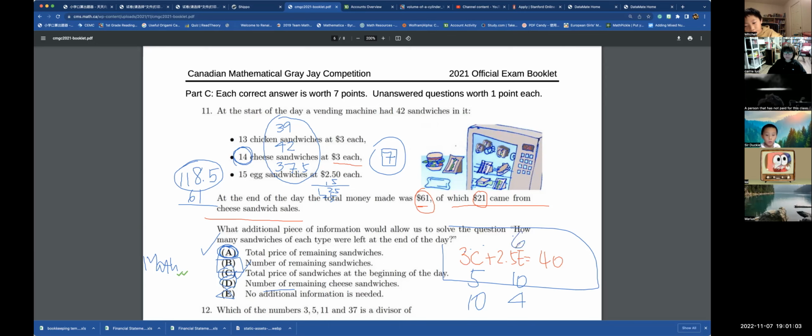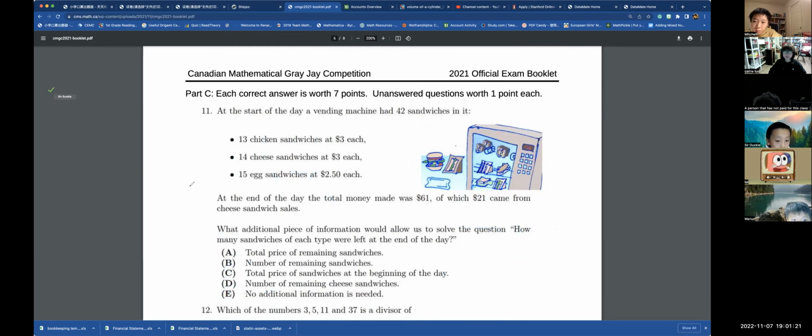We can also do 6. So there's a lot of possibility for the egg and chicken sandwiches. So that's why number B cannot be solved unless additional information has been given. Understand? So that's why the answer is B. So this question is not about calculations of math. It's understand how well your English is.